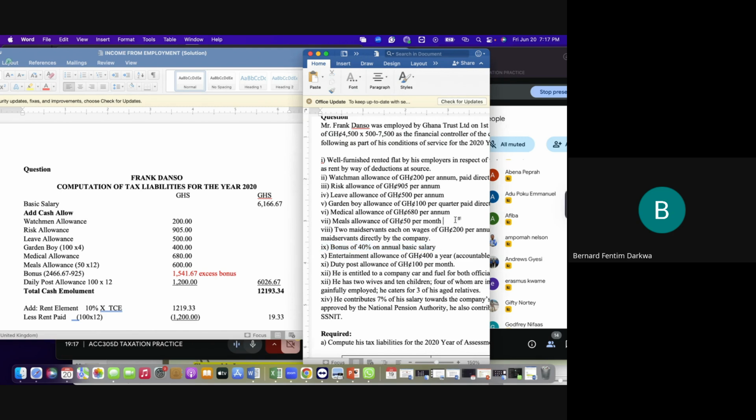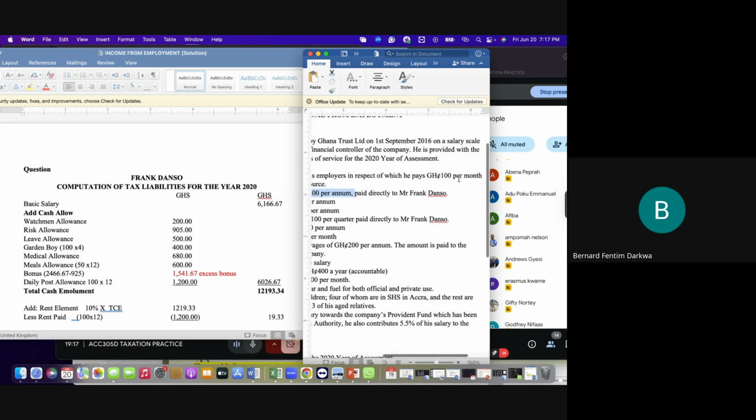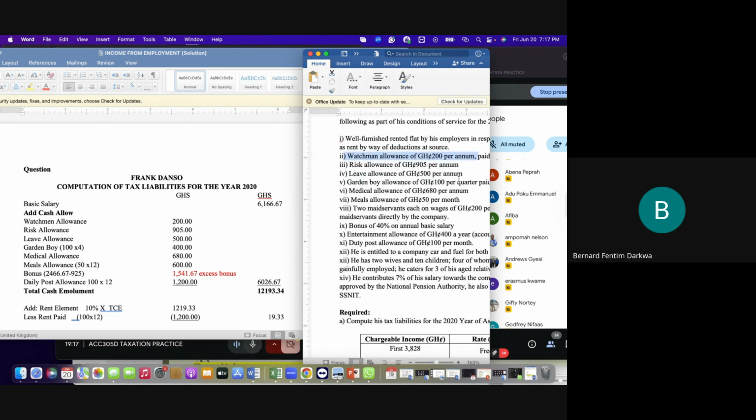Why is that a cash allowance? They say he receives watchman allowance of 200 per annum, paid directly to Mr. Frank Danso. So you see that even though he has a watchman, the amount is not paid to the watchman directly. It is given to the employee, so he can give it to the watchman. So we add it to him. It's treated as part of the cash allowance. So you see that the cash allowance is 200.